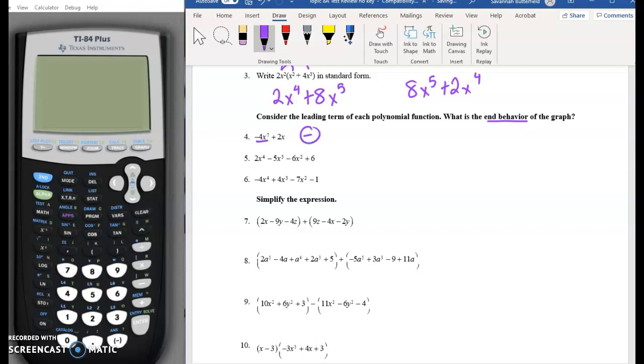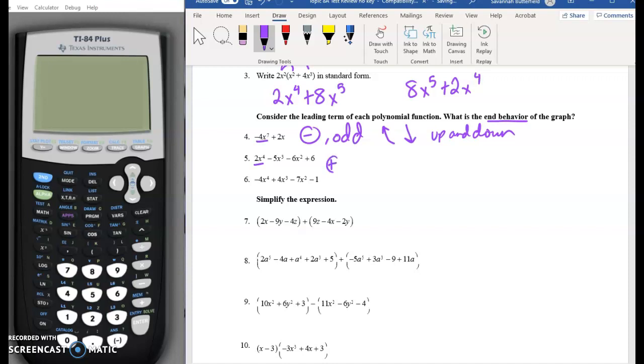We can see from the negative sign in front. And then 7 is an odd number. So based on negative and odd, we know that this is going to run up and down. You can also write it up and down.